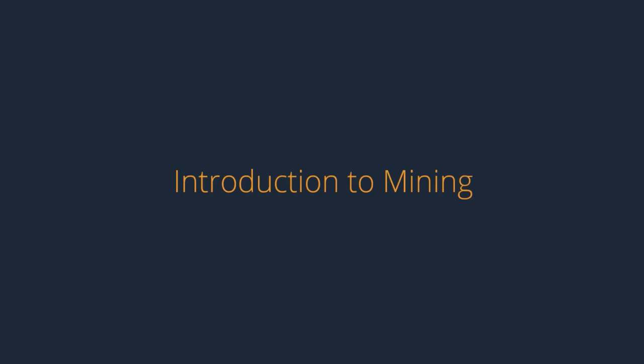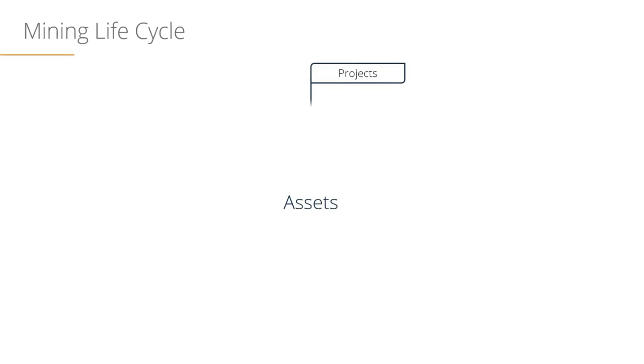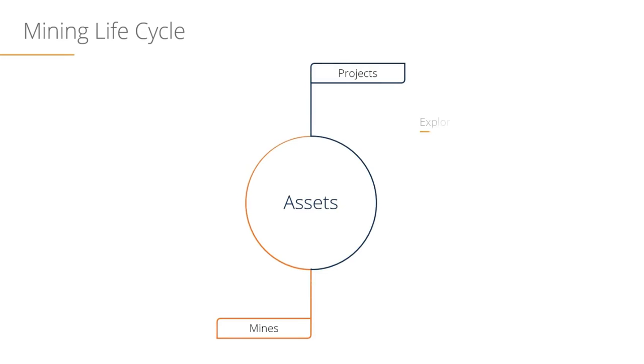Before we start building the financial model in Excel, it's important to review the mining industry and the mining life cycle. Mining assets can be divided into two main categories: projects and operating mines. Projects can be further broken down into exploration and feasibility stage, as well as planning and construction phase.